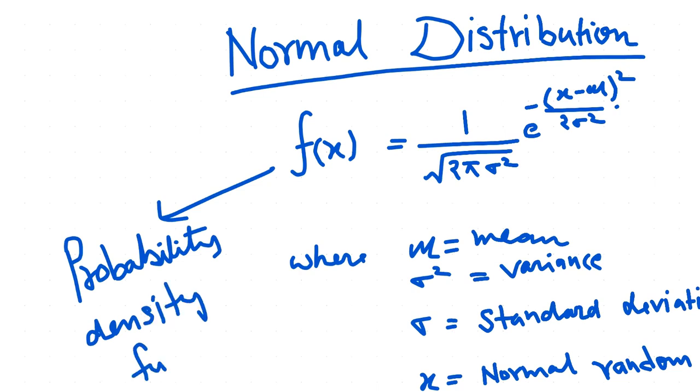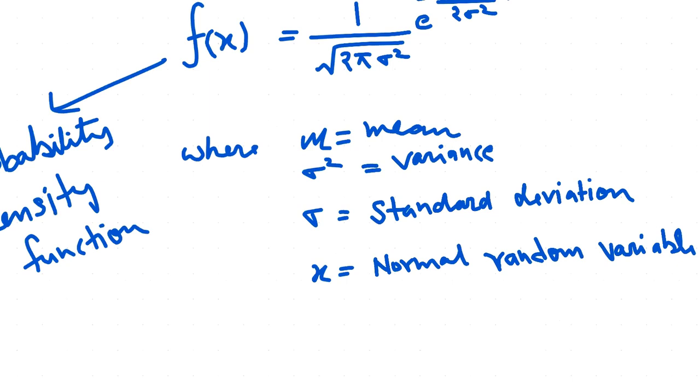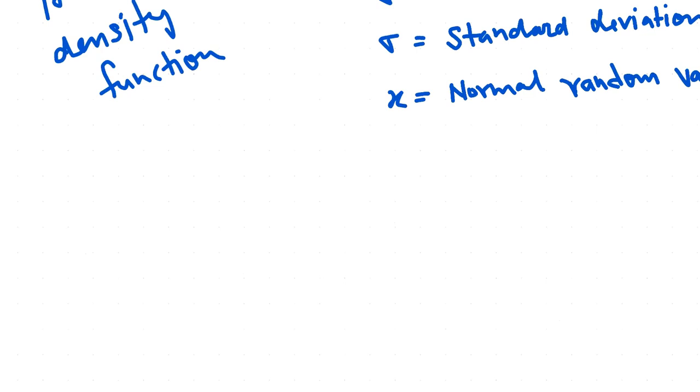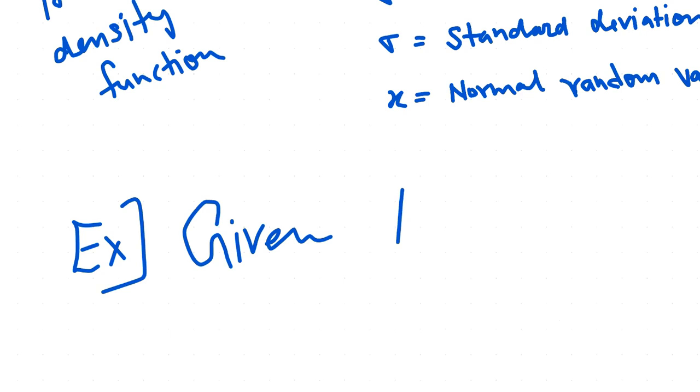So they asked us to find the probability density function for the normal distribution where mean is 4, standard deviation is 2 and x is equal to 3. So in this question they have given us mean mu is equal to 4, standard deviation sigma is equal to 2, and x is equal to 3.